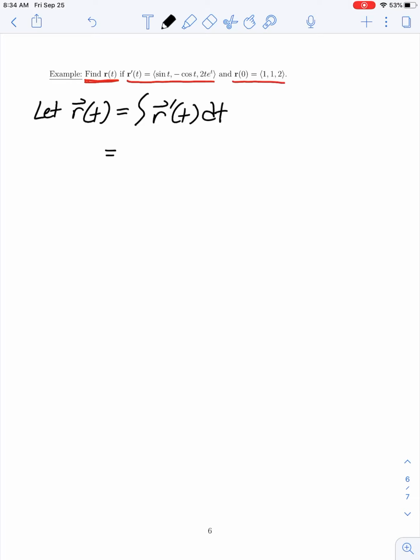Here, I'm looking at the indefinite integral of my vector function sine t, negative cosine t, and 2t e to the t, dt. So I need to integrate each of these component functions.